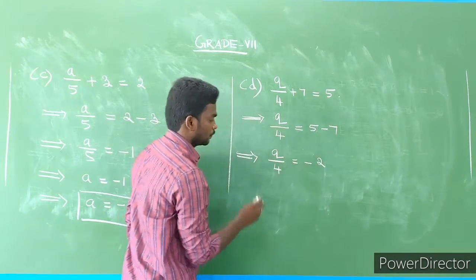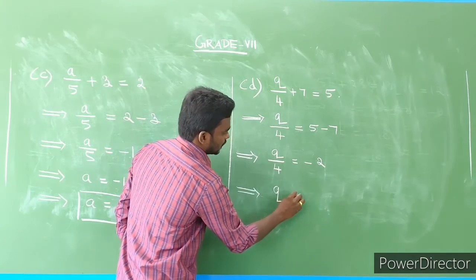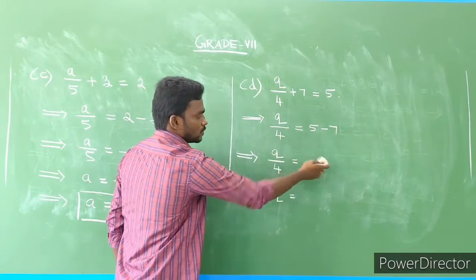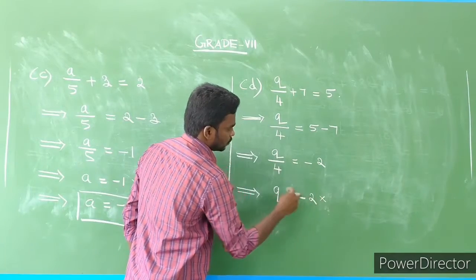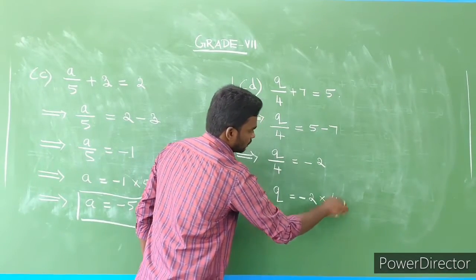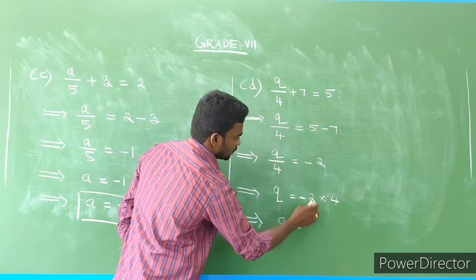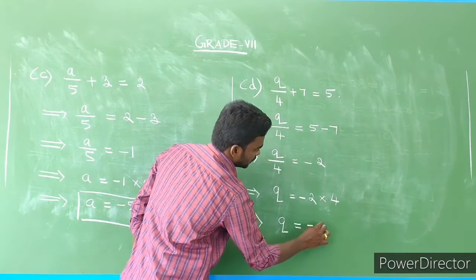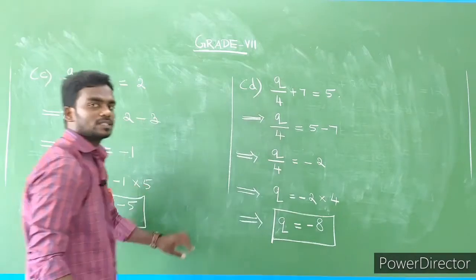Minus 2. Implies that again we keep the value q in the left side, and this 4 is transposing to multiplication to the right side. Minus 2 into 4. Implies that the value of q is equal to, what is the value of minus 2 into 4? Minus 8. So the value of q is equal to minus 8.